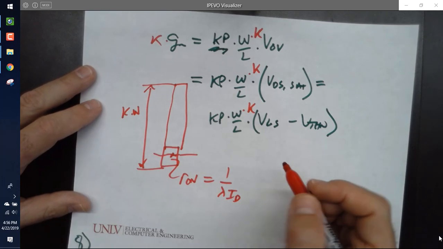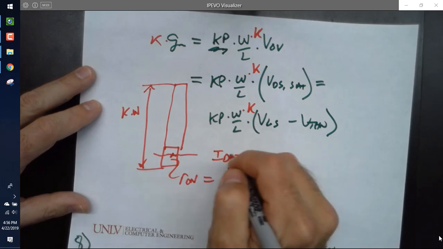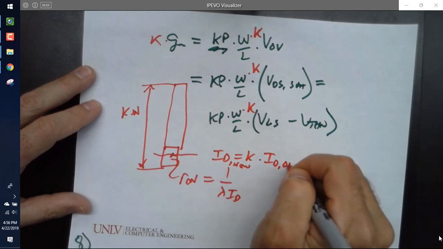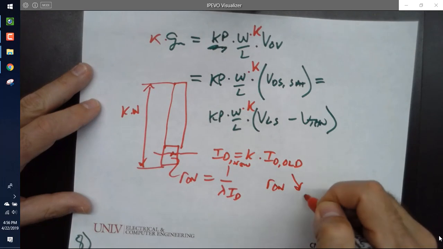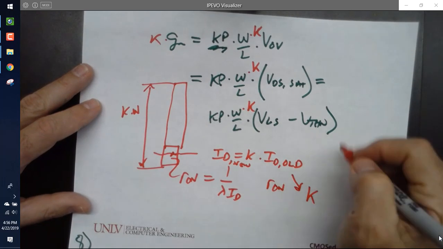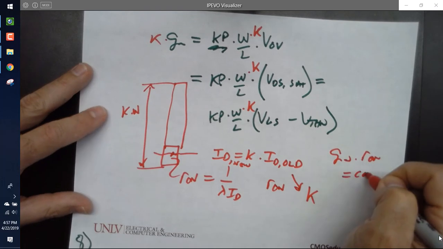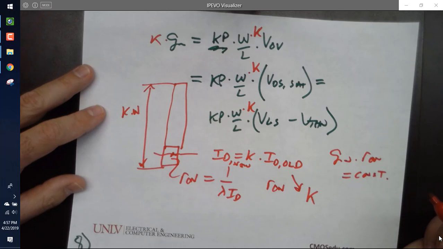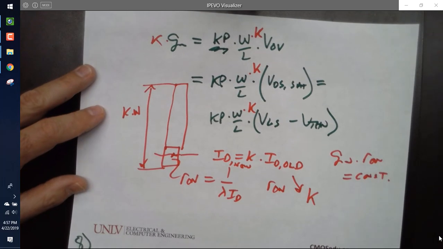What does that do to the current? Current goes up. So resistance is going to go down. And so Rout N will go down by a factor of K. So gmN times Rout is constant.